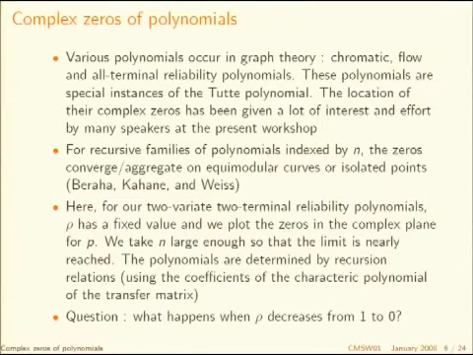So the complex zeros of polynomials, well, I'm sure I can skip this slide very rapidly, because you know everything about this, maybe even better than me, actually. The only difference with what has been presented in this workshop is that we have two parameters, p and rho, and we have chosen two different sides of the network, so it's not a graph invariant.